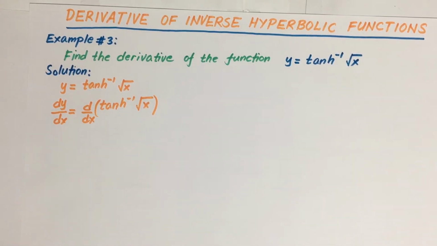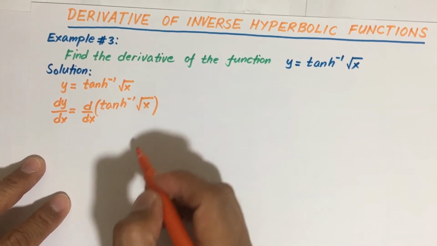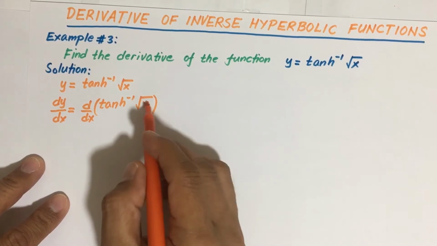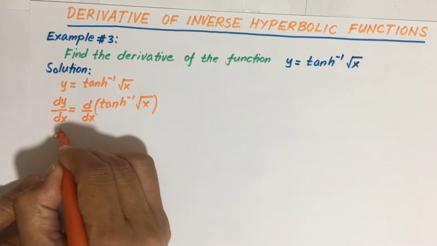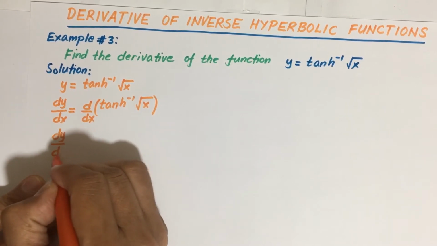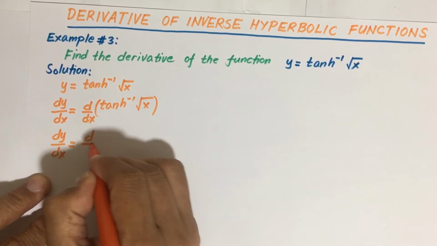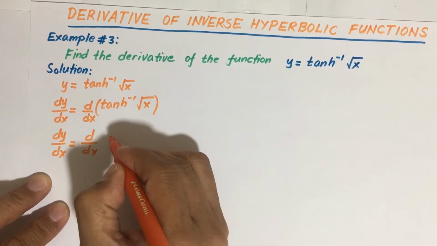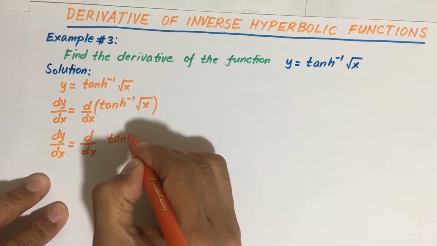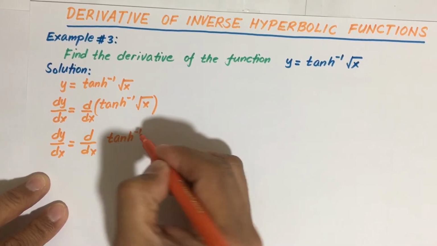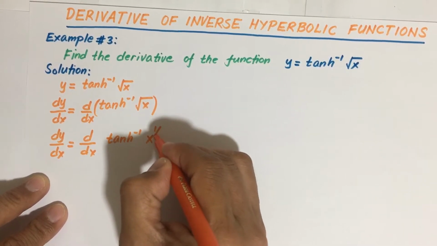Okay, or we can express this square root of x in terms of x with its rational exponent. So we can rewrite this as the derivative of y with respect to x equal to the derivative with respect to x of the inverse hyperbolic tangent of x to the power 1/2.